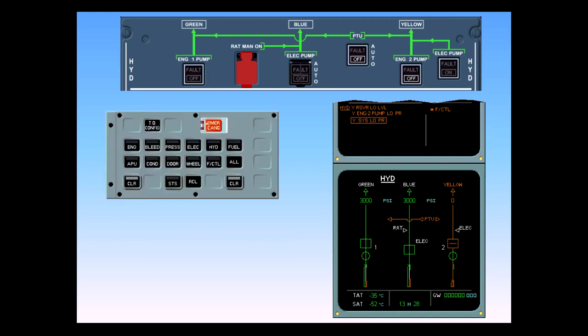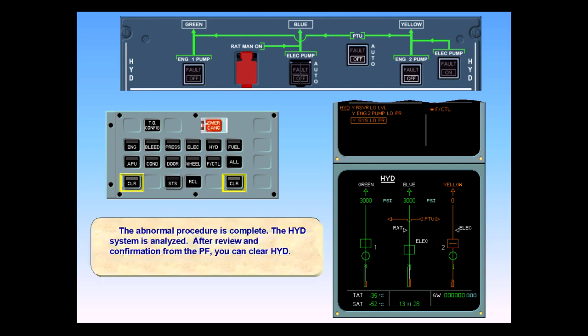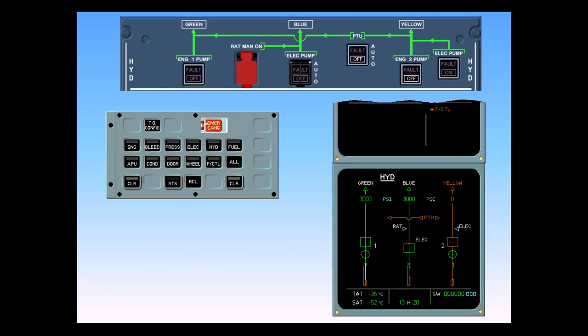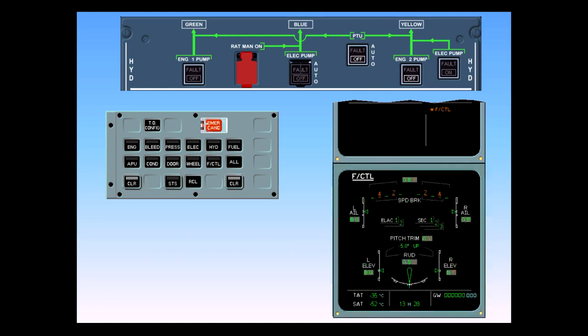The abnormal procedure is complete. The hydraulic system is analyzed. After review and confirmation from the pilot flying, you can clear hydraulic. The ECAM flight control page is automatically displayed for analysis.